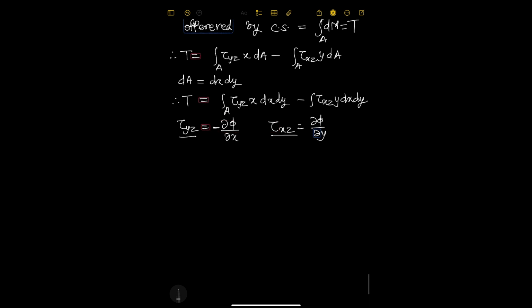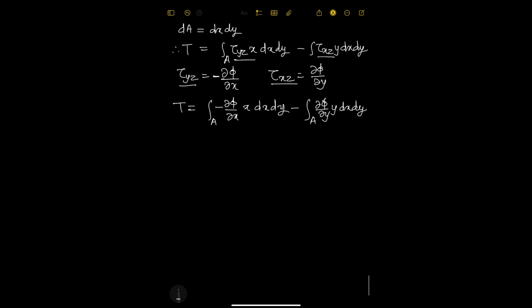So putting these values in this equation, we get T is equal to the integral over area of minus dou phi by dou x into x dx dy minus the integral over area A of dou phi by dou y into y dx dy.